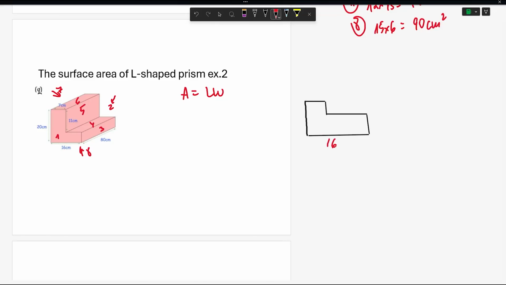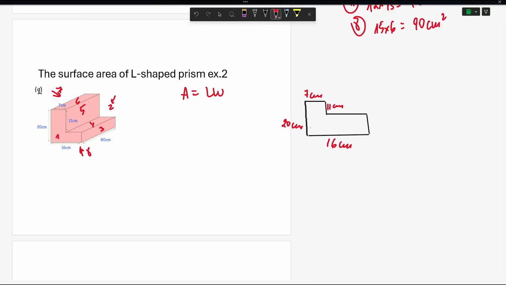I have 16 here, then I have 20 here, I have 7 here, then I have 11. I don't know that side, and this side, I don't know these two sides. So let's find them.